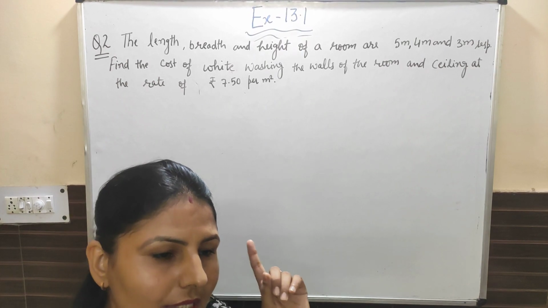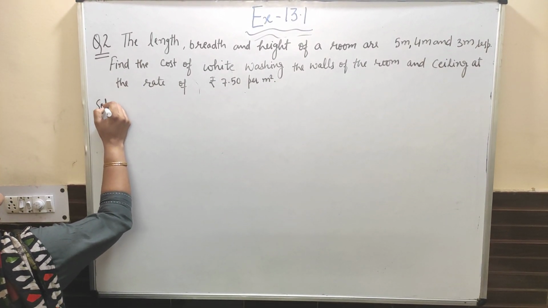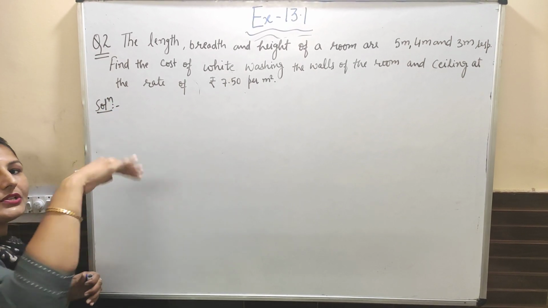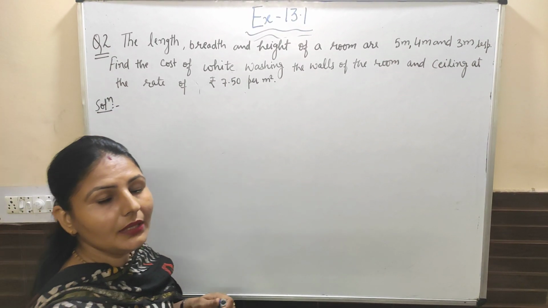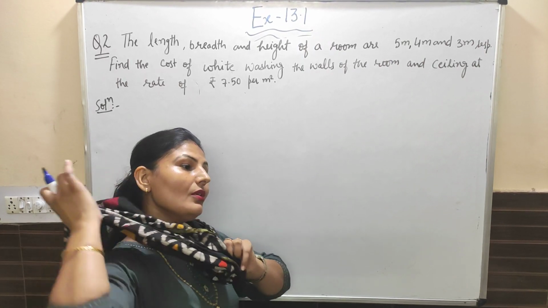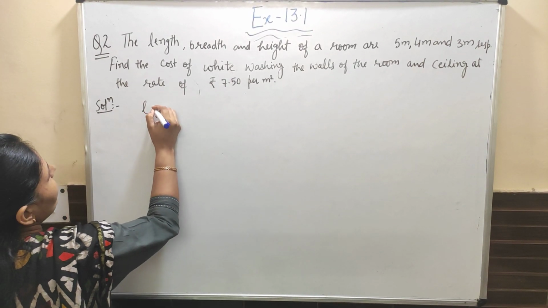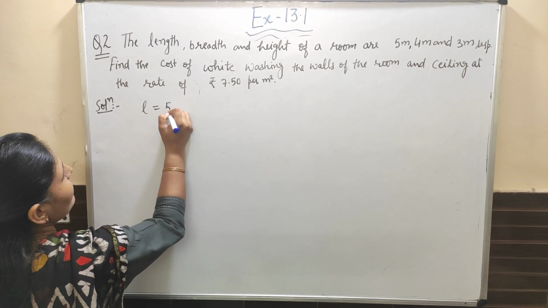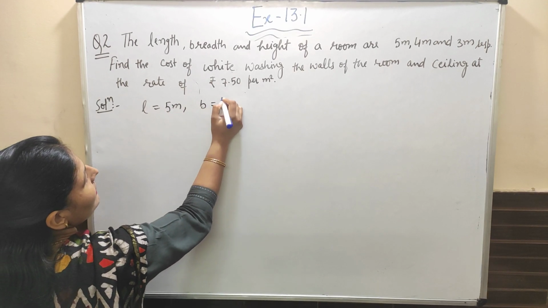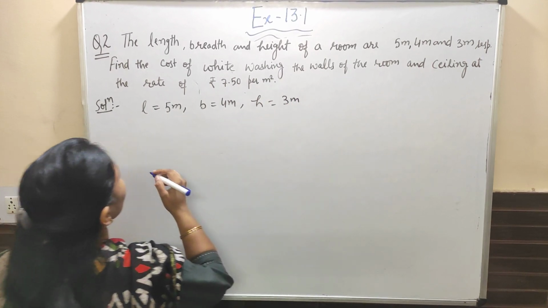It means formula will be same as in the previous question. उसमें टॉप नहीं था, इसमें क्वेश्चन में बॉटम नहीं है. एरिया टॉप और बॉटम का दोनों का सेम होता है, सो कैलकुलेशन वाला फॉर्मूला हमारा सेम रहेगा. लेंथ इज 5 मीटर, breadth is 4 meter, height is 3 meter.